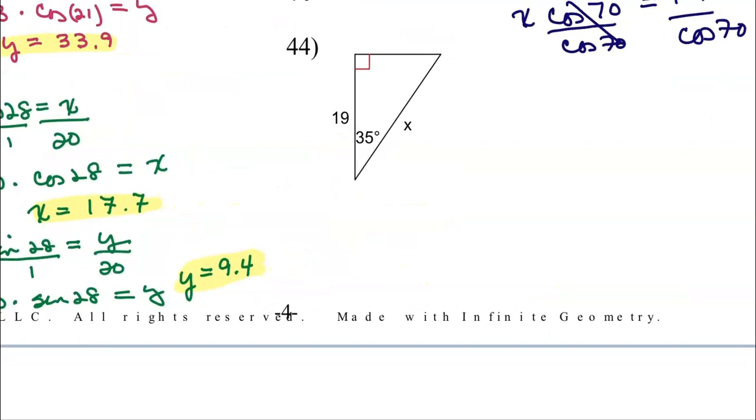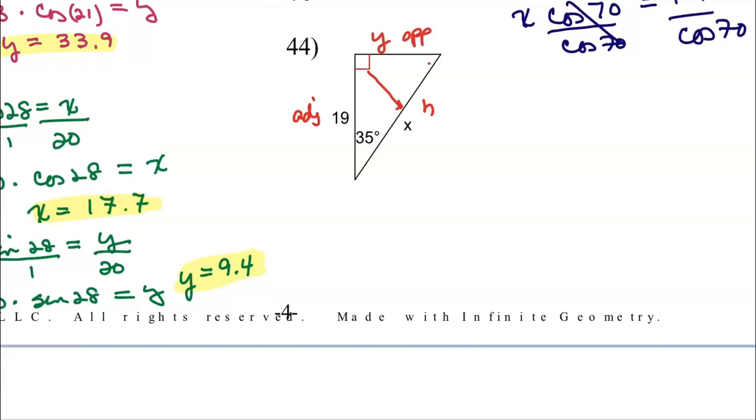Let's do 44. Different color. Okay, so what I notice is this x is the hypotenuse. From 35's point of view, this is the adjacent, and I'll make this a y, and that is the opposite.